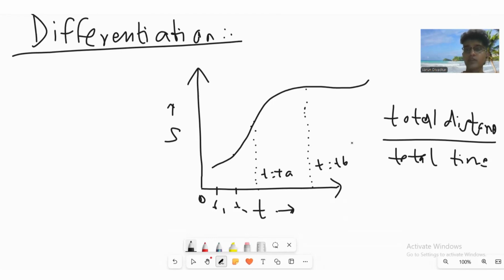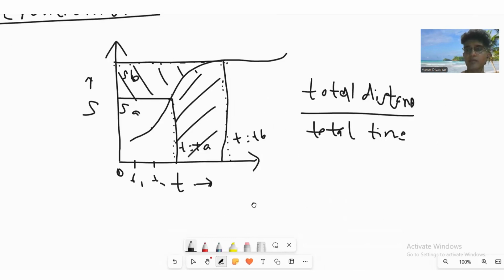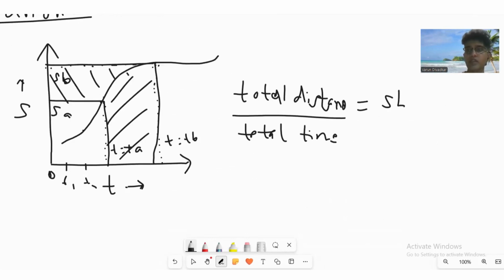Let's say at t equals tb, the distance is SB, and at t equals ta, the distance is SA. So the distance in this interval is given by SB minus SA, and the time is TB minus TA.